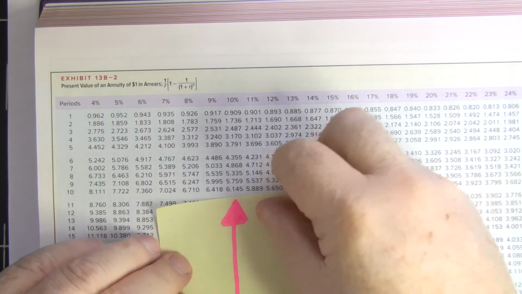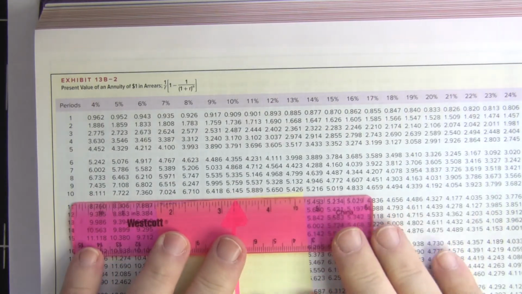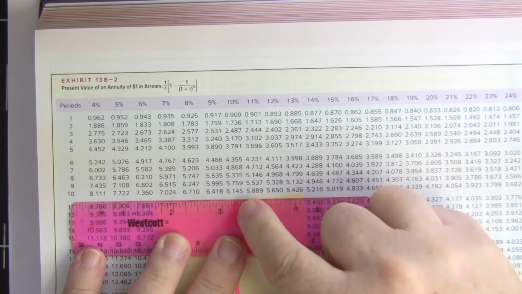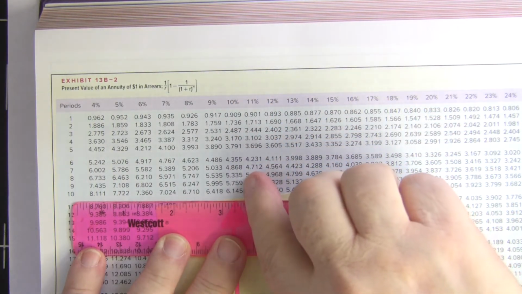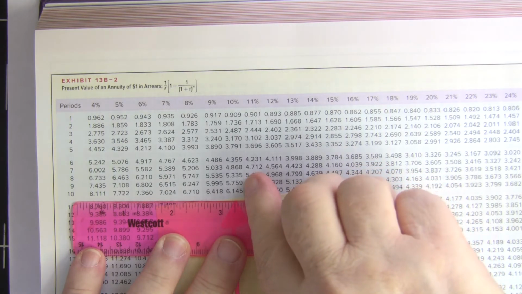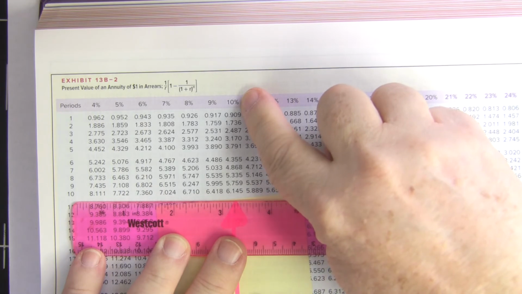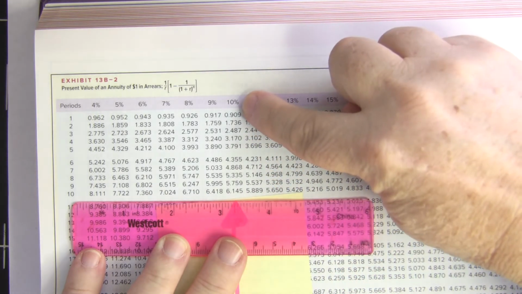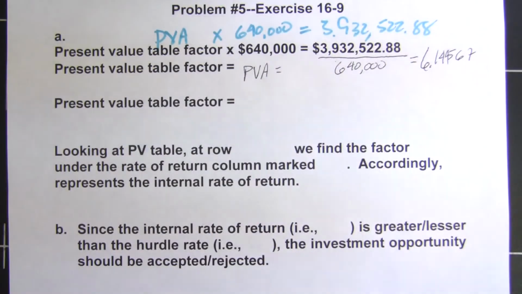That tells us, because we had to look along that 10-year period, and that's the one that's closest, and we look up at the top, and it tells us this will have a 10% return. That's what that number tells us.